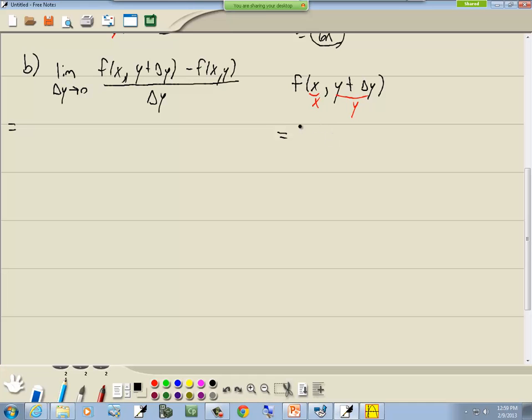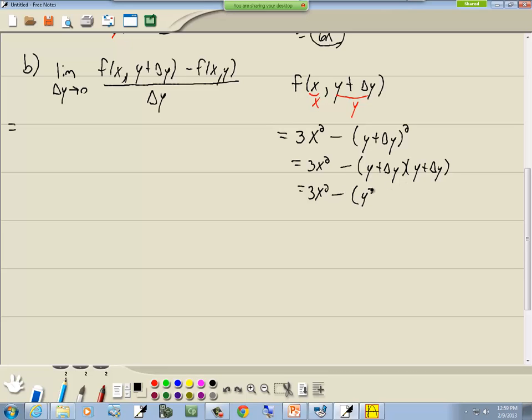3x squared. So I got 3, and put x in for x, so it remains 3x squared, minus (y plus delta y) squared. So I replace the y with y plus delta y. So that gives us 3x squared minus (y plus delta y) times (y plus delta y), equals 3x squared minus: y times y is y squared, y times delta y is y delta y, delta y times y is y delta y, and delta y times delta y is delta y squared, which gives us 3x squared minus y squared.